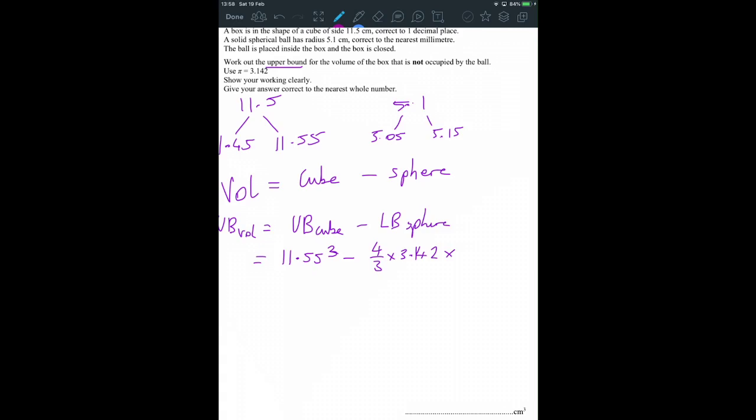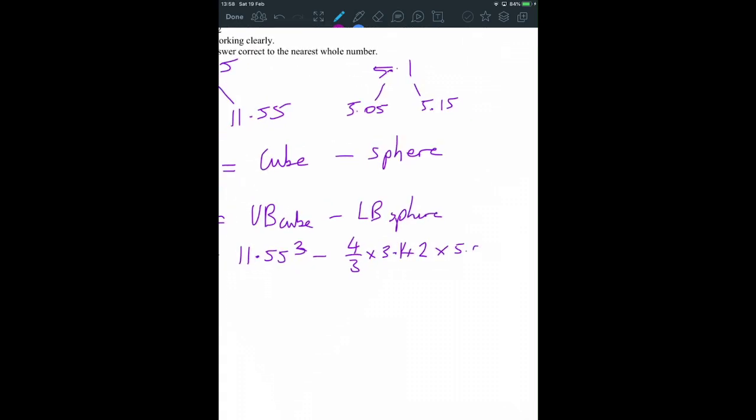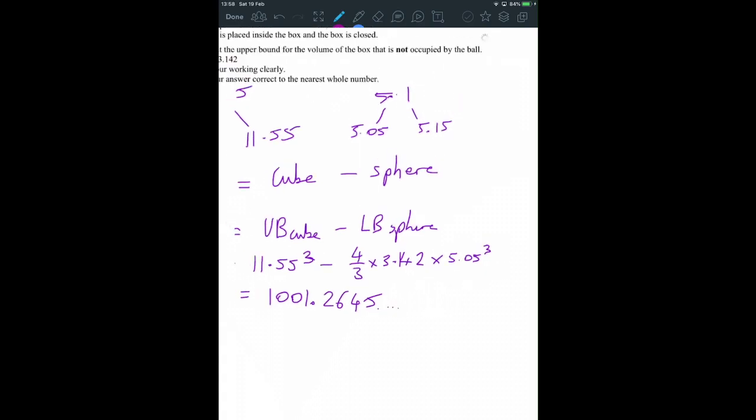Lower bound for the sphere, we're using 5.05 cubed. Again, I've written that out in full. It's quite a difficult thing to type into your calculator accurately. So of course you should type these kinds of things in twice to double check. But because I've written it out in full once, if I've got this bit wrong from just a typo, then the examiner knows I've actually been on the right lines.